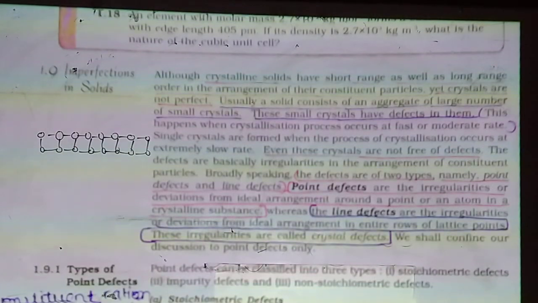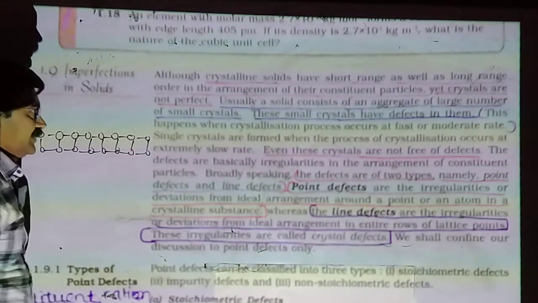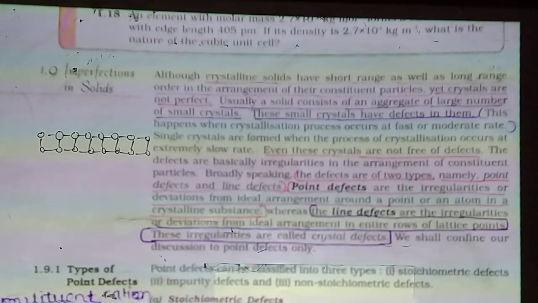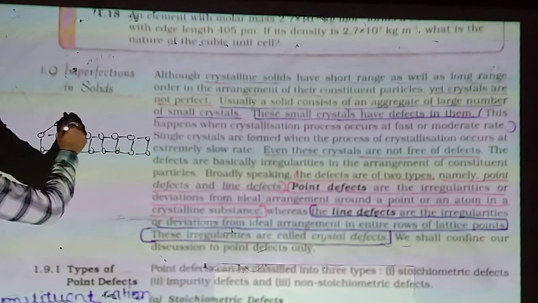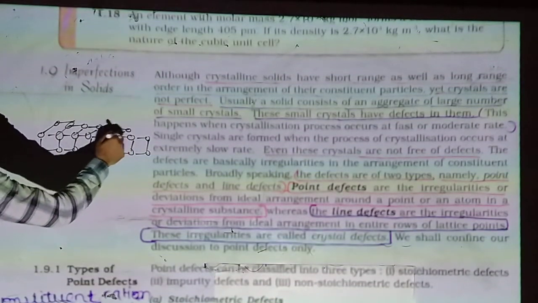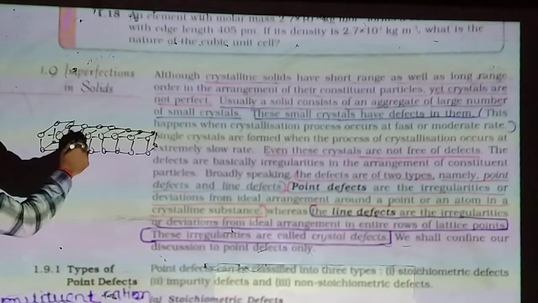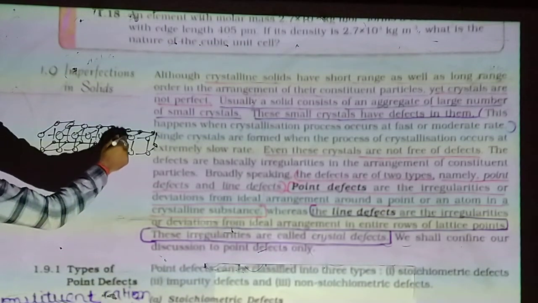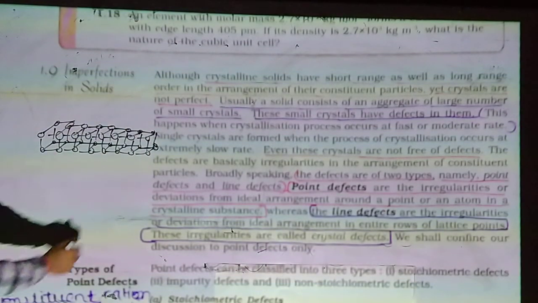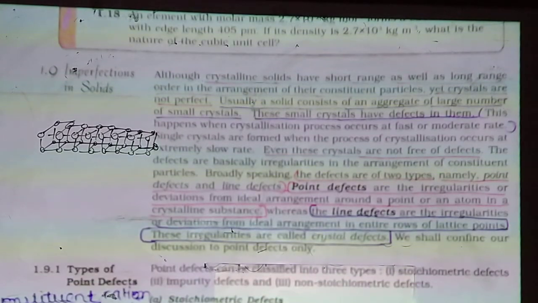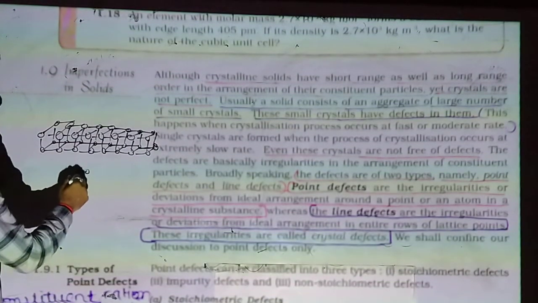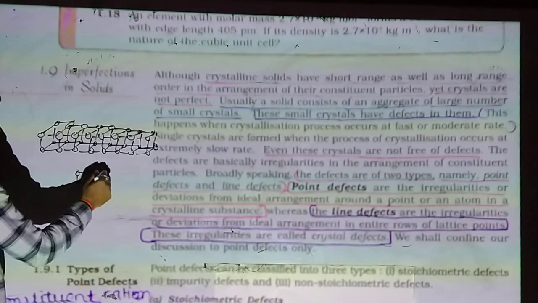When we form a crystal from a liquid and crystallization is very fast, the arrangement is not regular. It has no time to arrange regularly and becomes irregular.